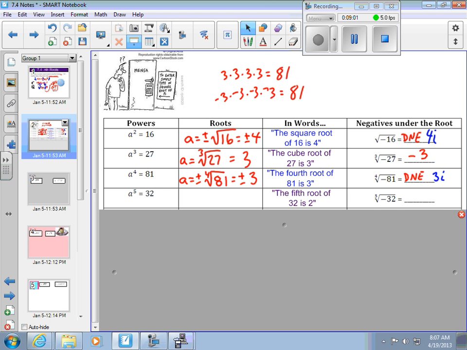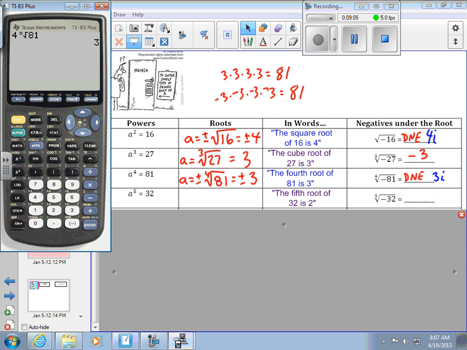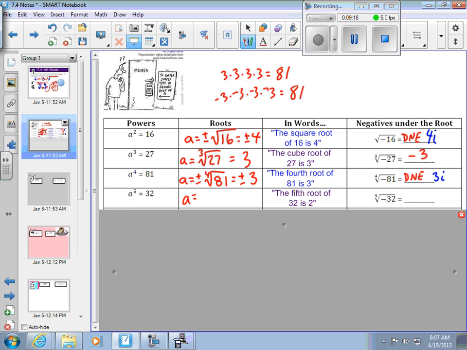5th root of 32. Again, you can use the calculator to try this one. Let's see what the 5th root is going to be of 32. Type it in, you get 2. Is this one going to be plus or minus? No, this one is only going to be one answer of 2.